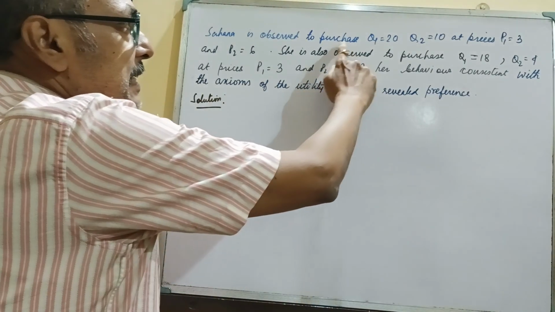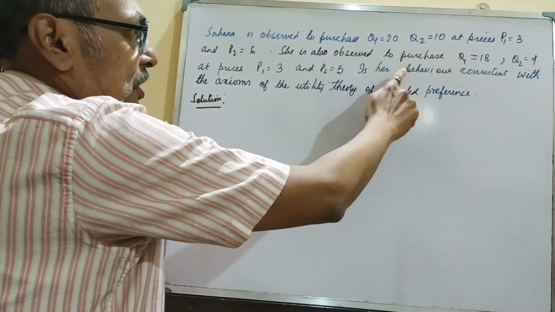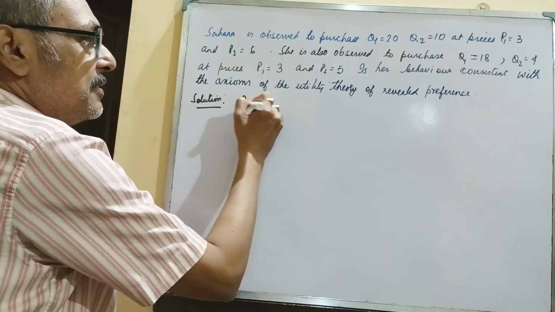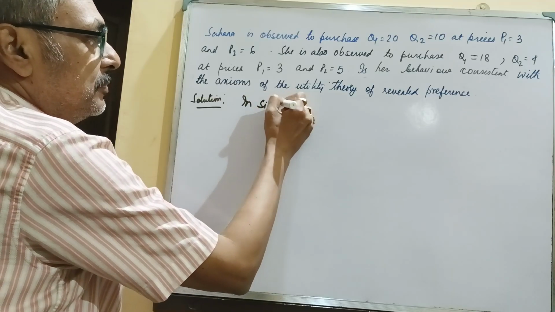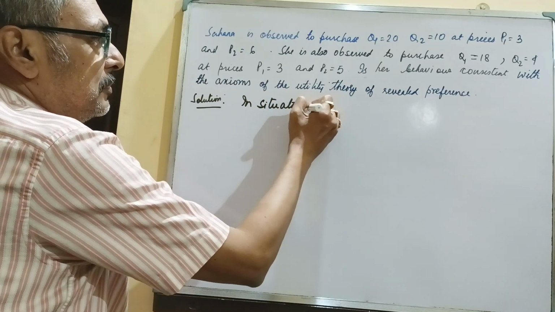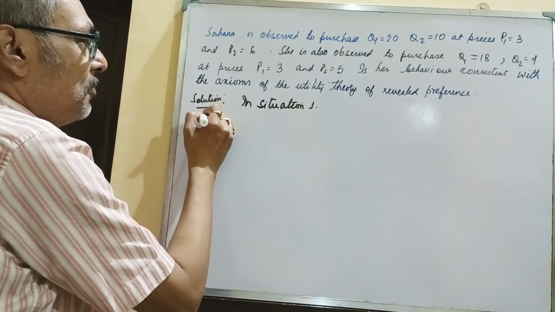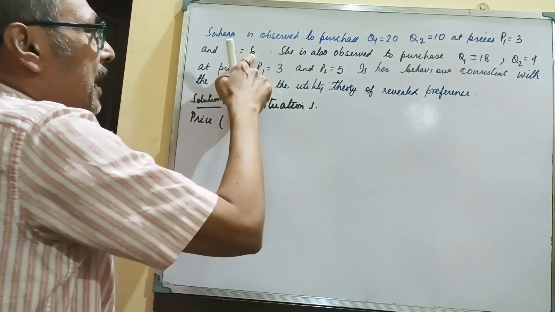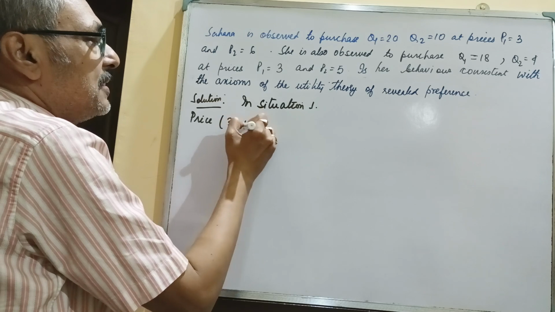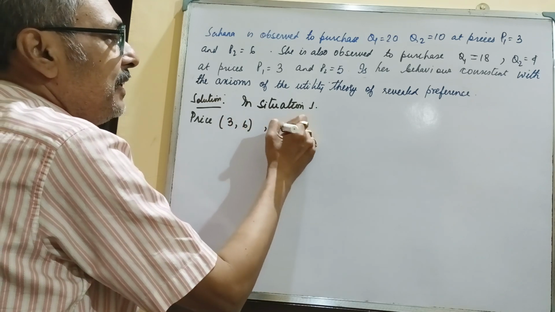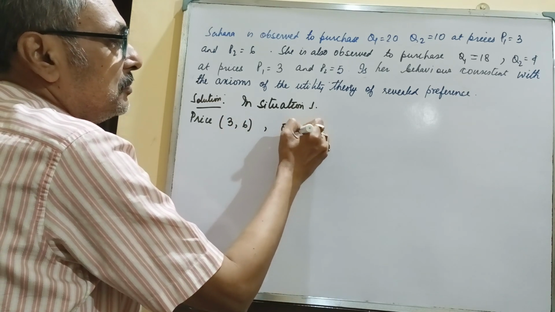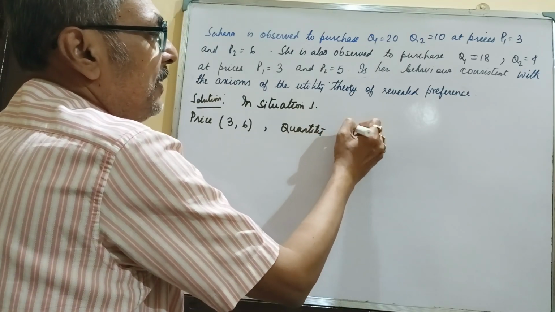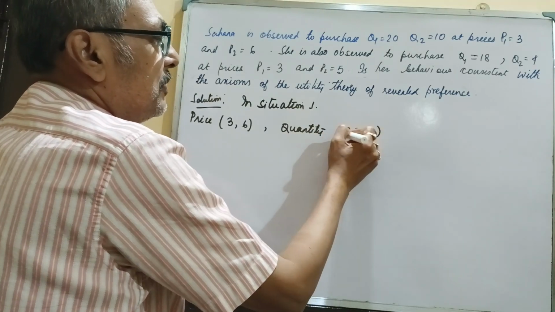Now, there are two situations, situation 1 and situation 2. In situation 1, the price combination is P1 equals 3 and P2 equals 6, and the quantity is 20, 10.